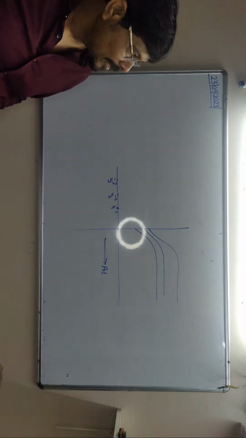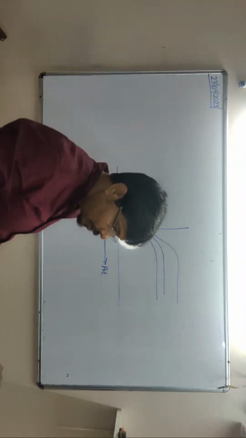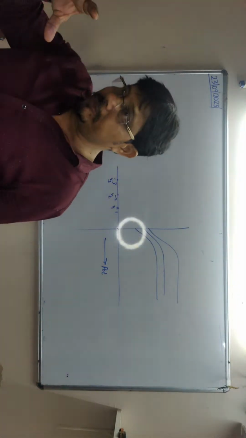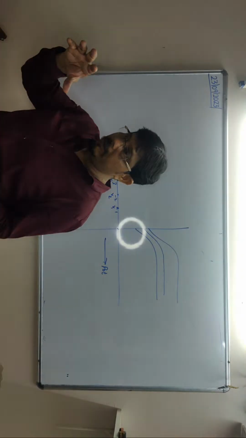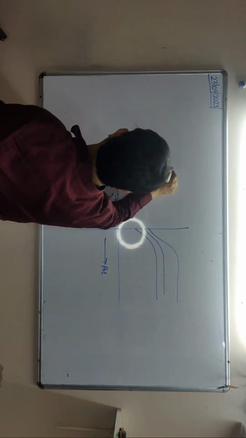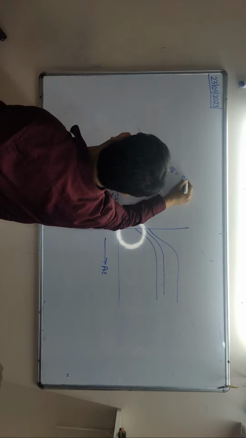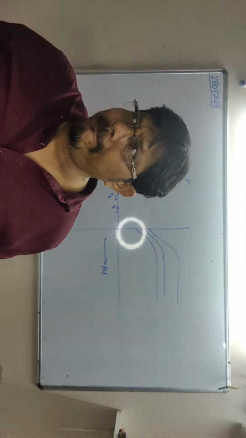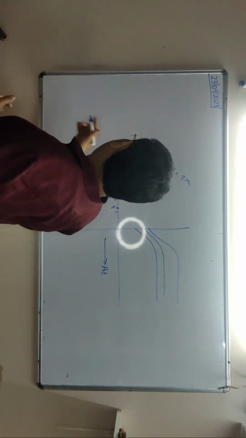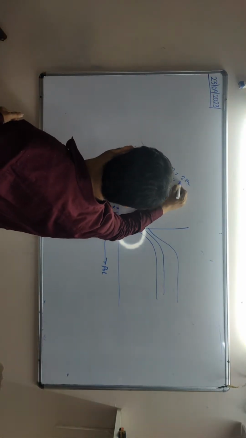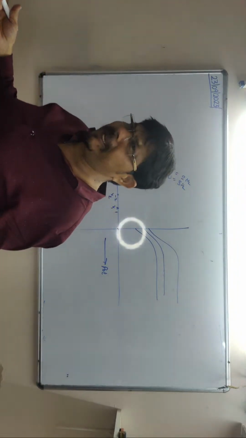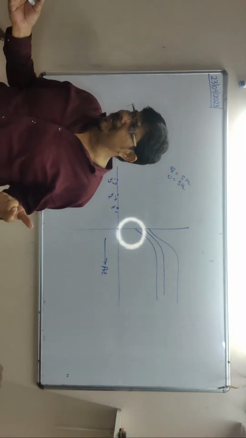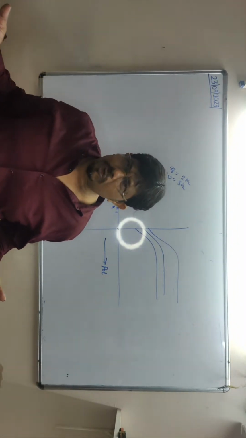What I will do? I will put some light with some frequency. Maybe the threshold frequency we have is 2 hertz. We consider some threshold frequency 2 hertz. Now I will give a total frequency of 3 hertz because it should be greater than the threshold frequency, then only will there be current. If you want to get the current, you need to increase the frequency more than the threshold frequency.